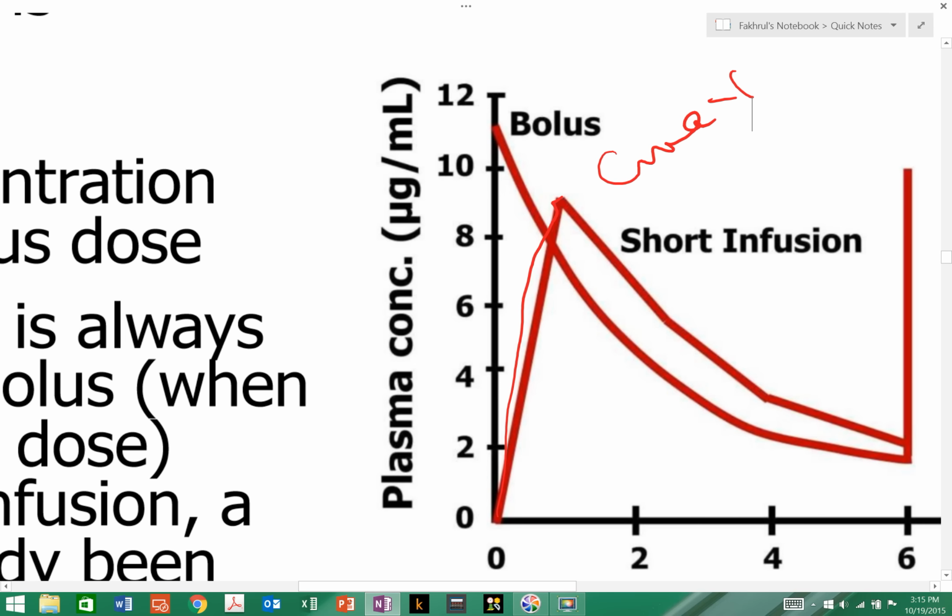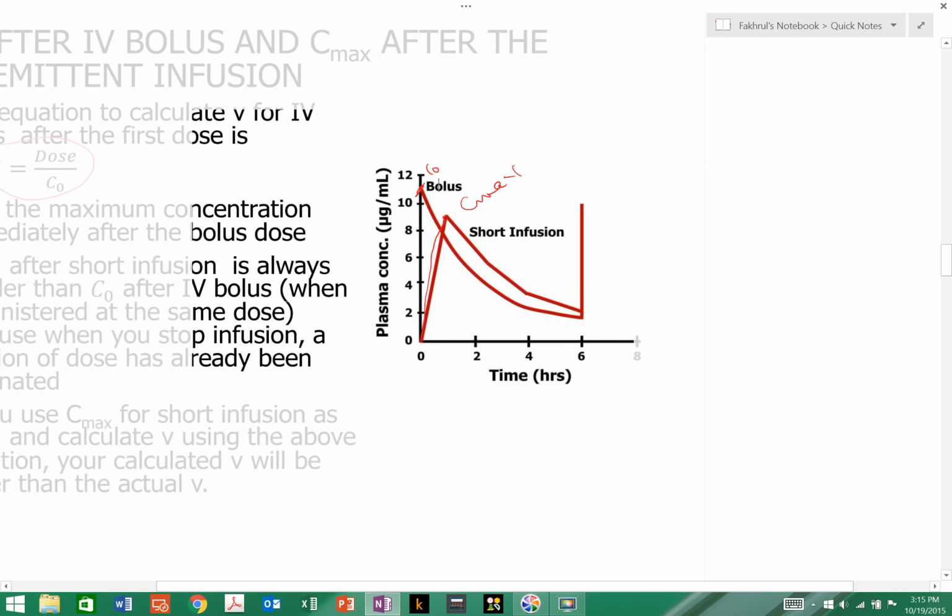You'd consider C0 in case of bolus, but in case of intermediate infusion, Cmax. So which is smaller? Cmax is smaller than C0.